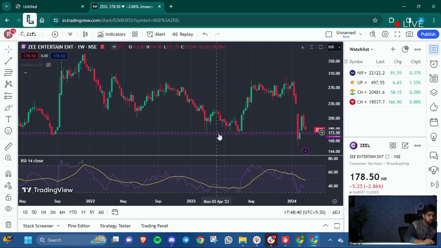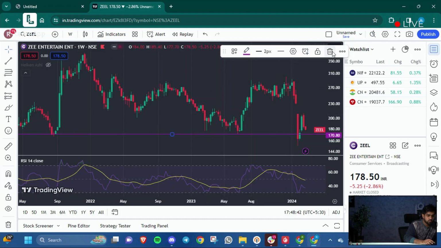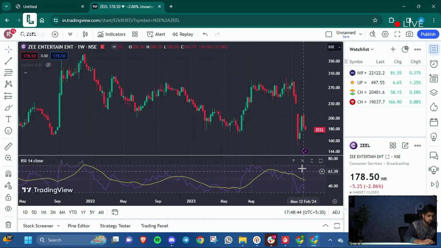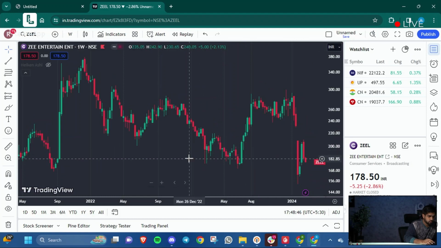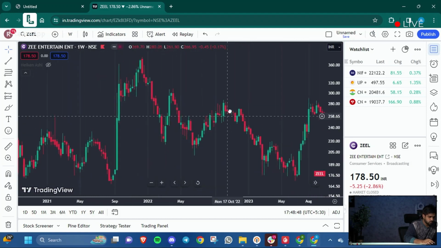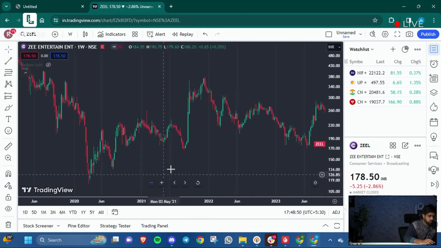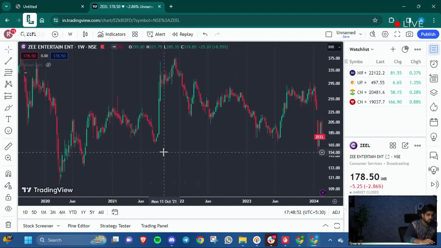Now if I talk about Zeal over here, जितना लंबा टाइम फ्रेम होता है, it means a lot of noise is absorbed within a week and represented by just one candlestick. So the noise is less the longer the time frame is.